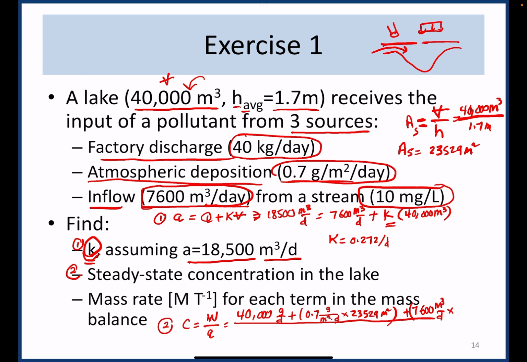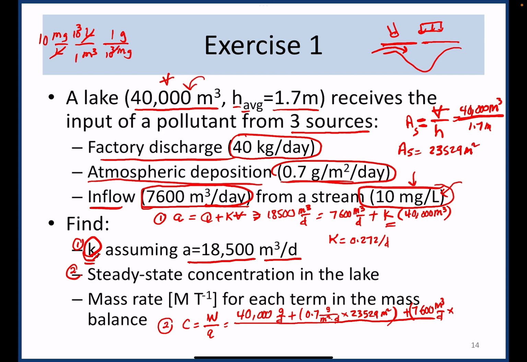We want to make it gram per day, so we change liter to meter cube, where 1 meter cube is 1,000 liters, and milligram to gram, where 1 gram is 1,000 milligrams.